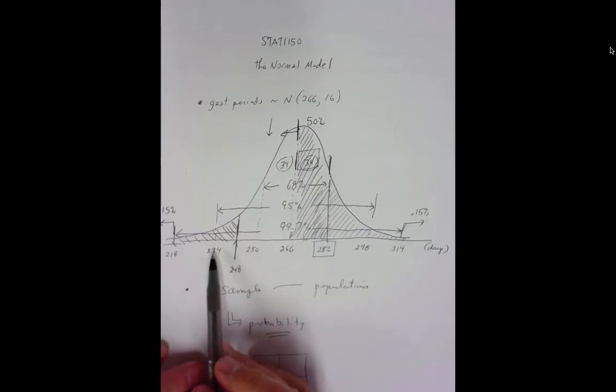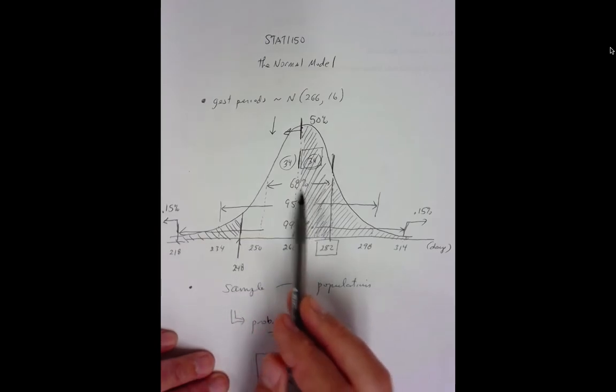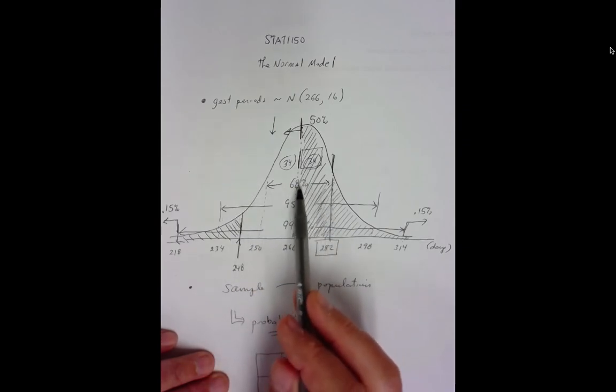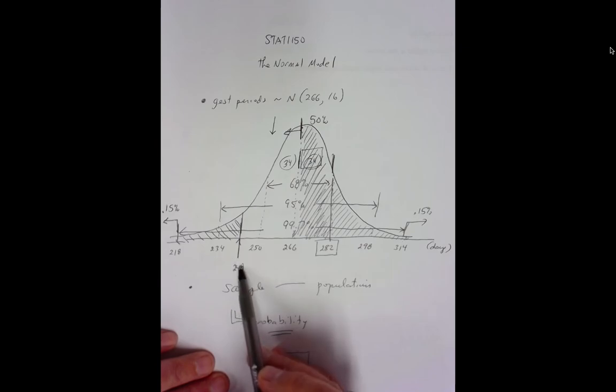Well, guys, this drawing's been pretty helpful, but because I'm drawing this, I'm focusing on this gestation period that falls between the two lines defined by the empirical rule, the 68, 95, 99.7% rule. I need something else, don't I?